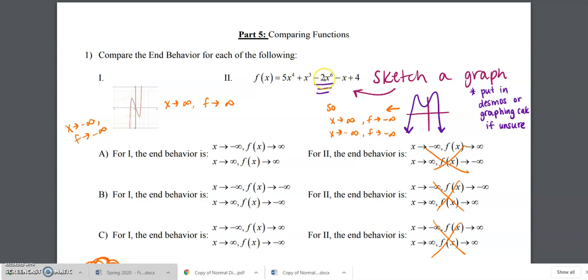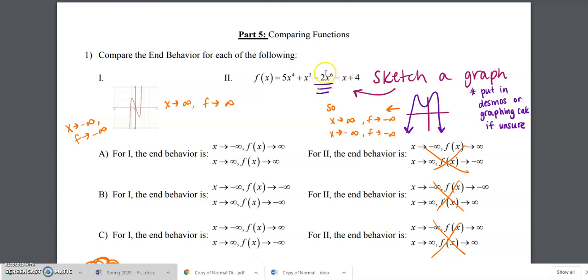Now, looking at function 2, it may not be immediately obvious to you, but you notice that we've underlined this negative 2x to the 6th, because the 6 is our highest exponent, making negative 2 our leading coefficient, which gives us some indication as to what the end behavior of our function would be.